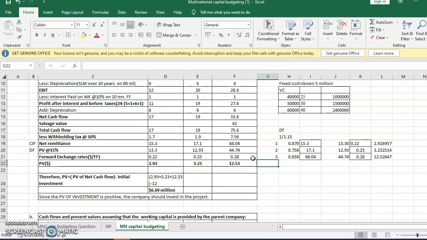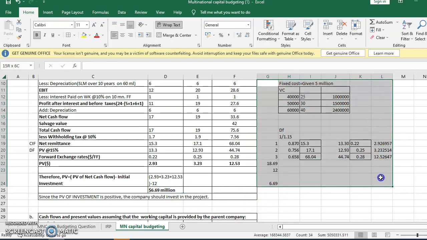So this is equal to this plus this plus this, right? So 18.69 minus 12. So this is equal to, let me check once again to be more clear, yes, it is 6.69 million.